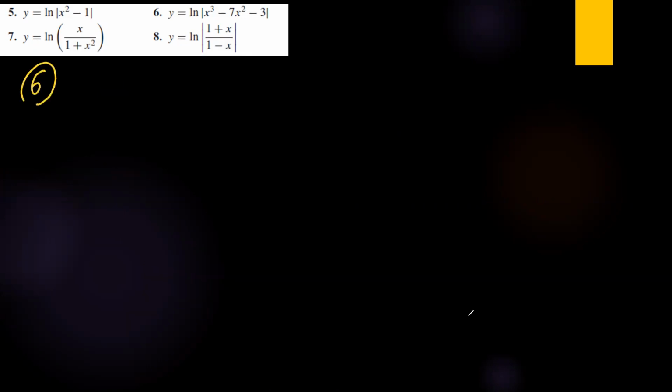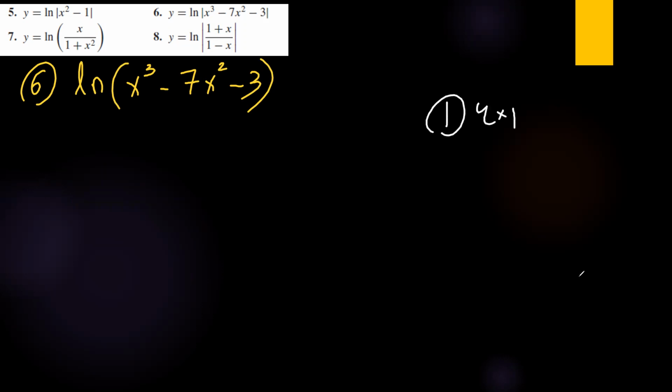In number 6 here, we have ln of x cubic minus 7x squared minus 3. For this one, the first thing you have to ask yourself is, can I expand it? No. If I say yes, I will expand it, then I will differentiate.